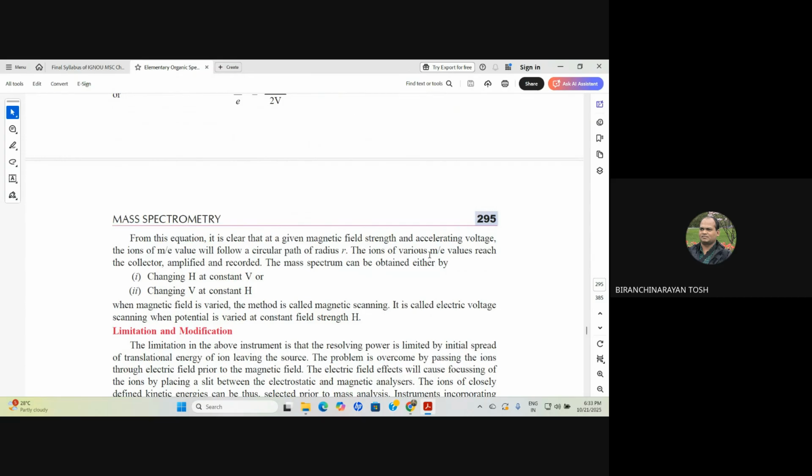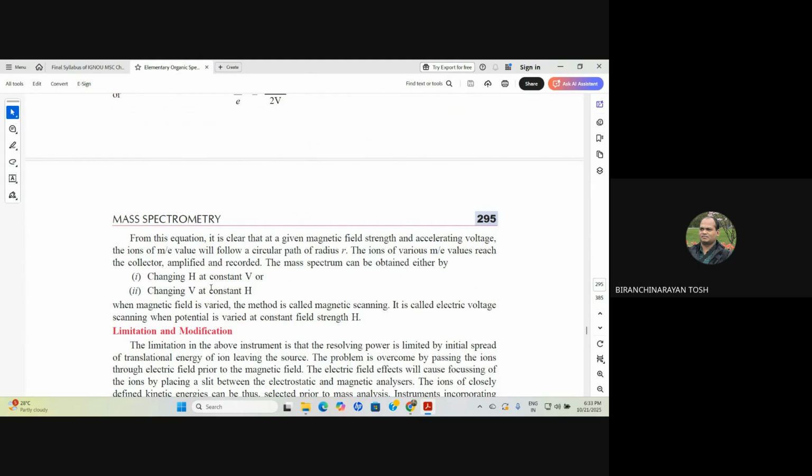Now the ions of various m by e values reach the collector, are amplified and recorded. The mass spectrum can be obtained either way, because we have to detect all the ions with the complete m by e range. So either we have to change the field strength keeping the potential difference constant, or we have to change the potential difference keeping the magnetic field strength constant.